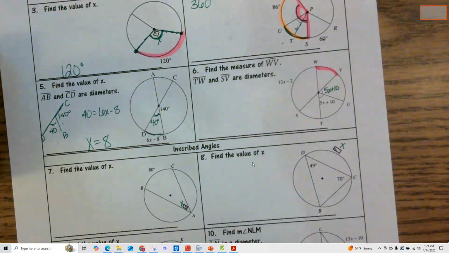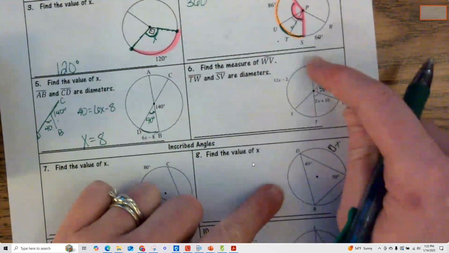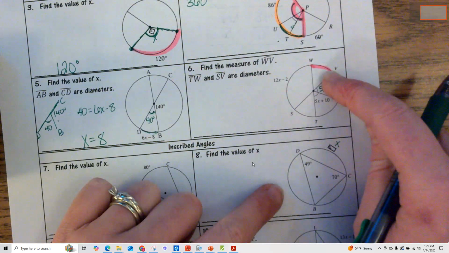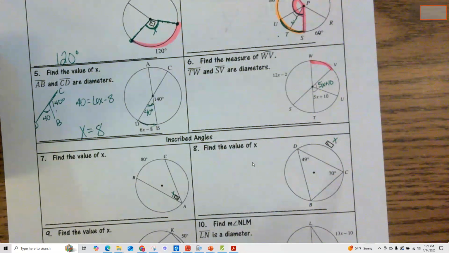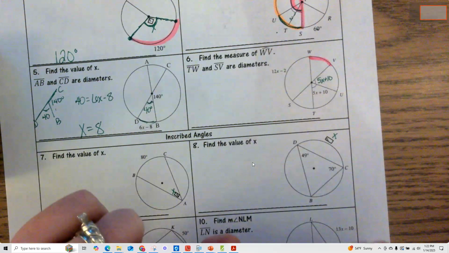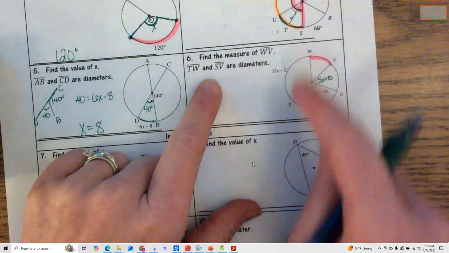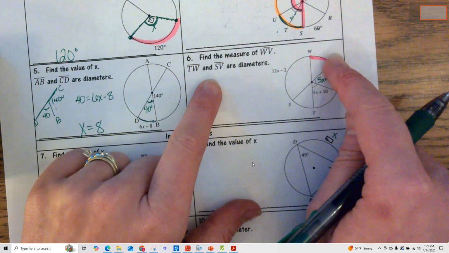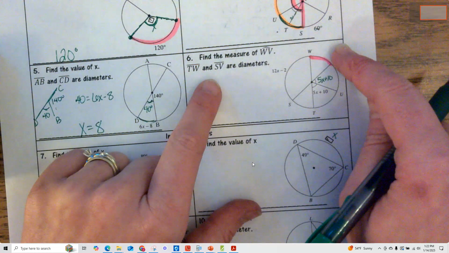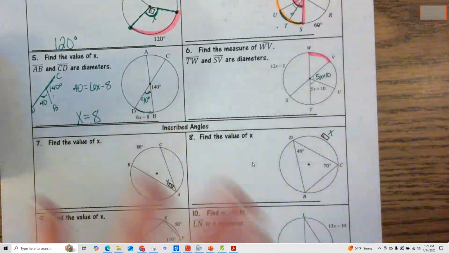Okay, the other way that you can tell that those two, hang on. No, I don't know if I did that one right. The diameters are key here. TW and SV, right? TW, SV. Okay, those diameters. Let's take the circle out of this one.